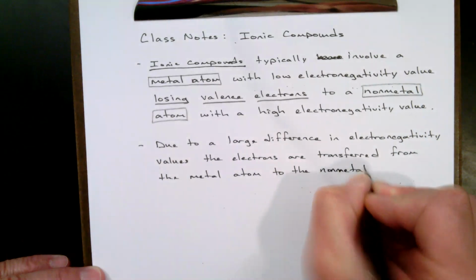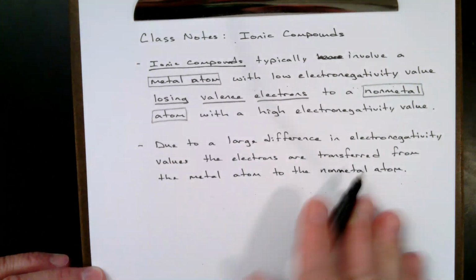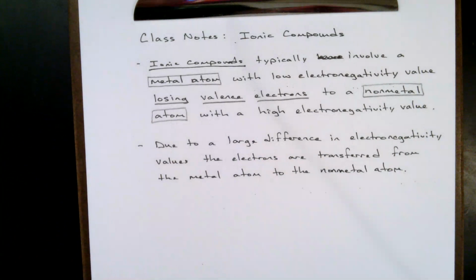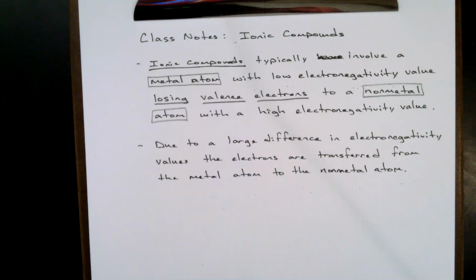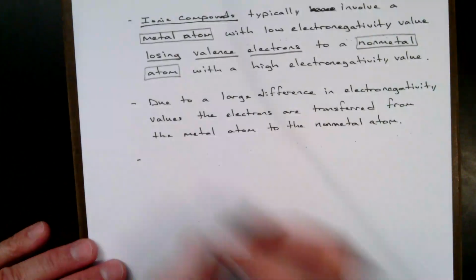The whole reason this happens is because the metal atom has a low electronegativity value and the nonmetal has a high electronegativity value.